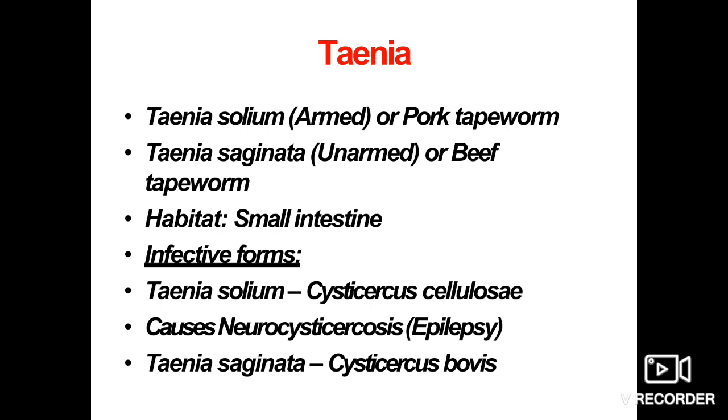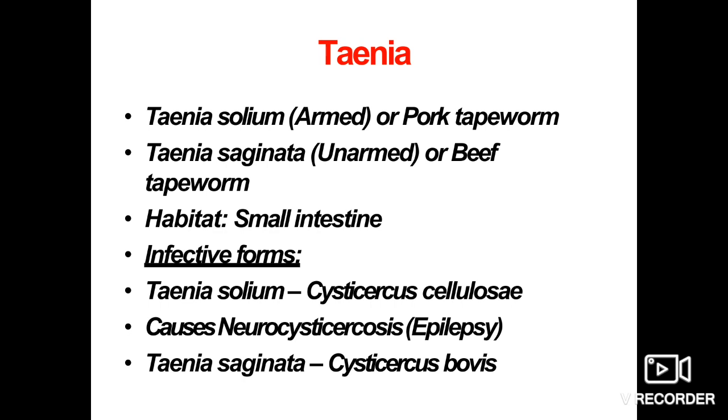Mostly present in the small intestine, and the infective forms are called Cysticercus cellulosae and Cysticercus bovis. They belong to cestodes and are found throughout the world, and Taenia solium is most common in countries where pork is eaten.